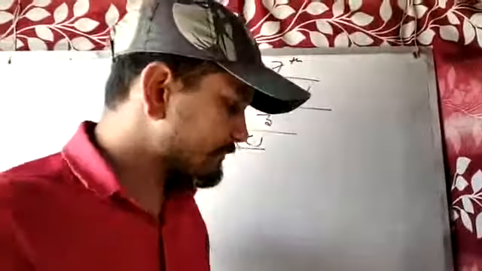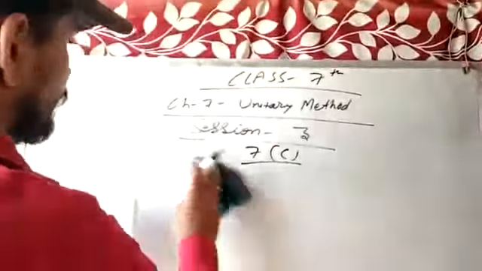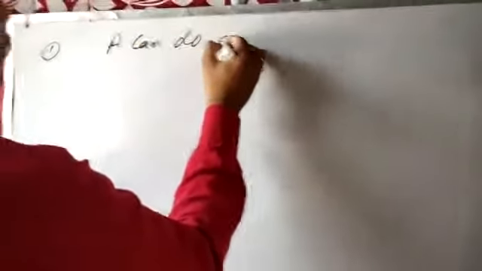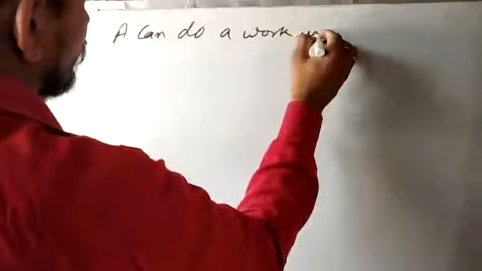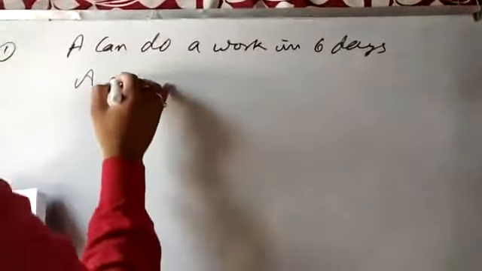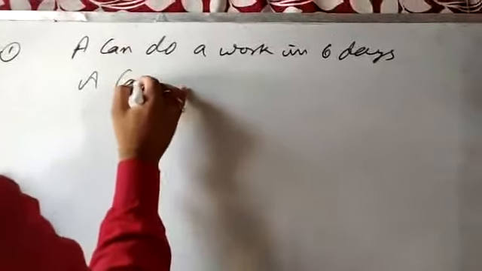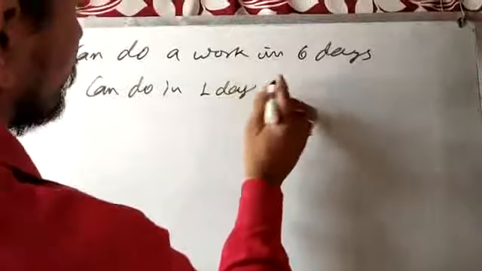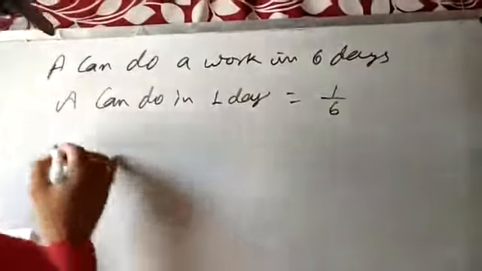First question: A can do a piece of work in 6 days. See, A can do a work in 6 days. So A can do in 1 day 1 by 6.